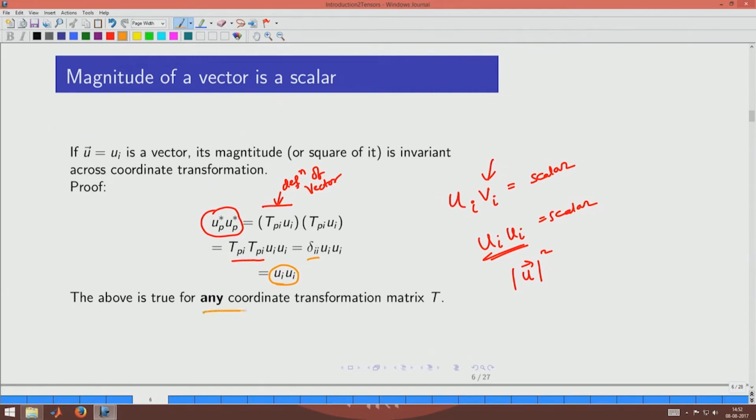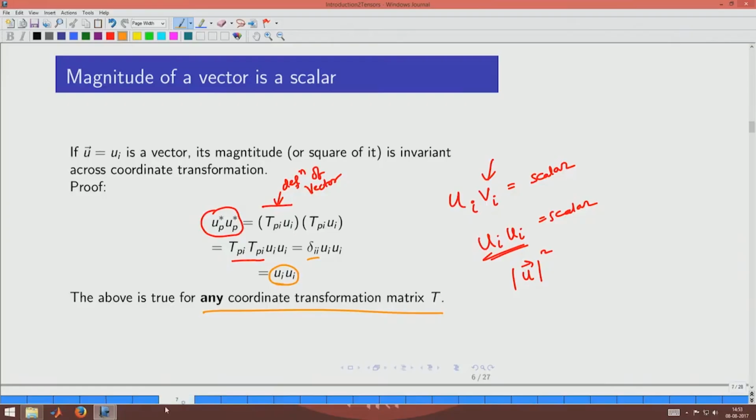So, this is for any coordinate system transformation matrix T. So, this actually shows you that whenever you have a functional form for a vector, if you can take some scalar quantities out by using the dot products, then we know that those expressions will not change when the coordinate system changes. So, this has been used in some theorems which we will come to later on in this course.